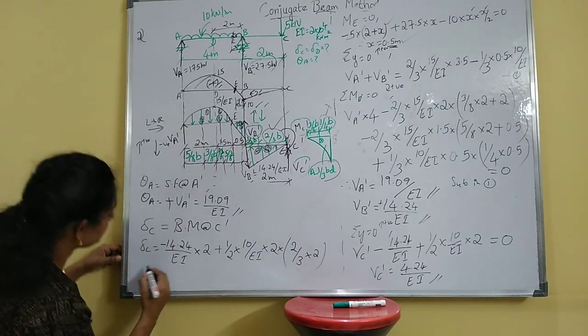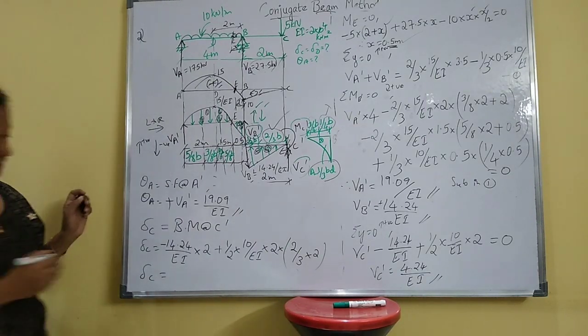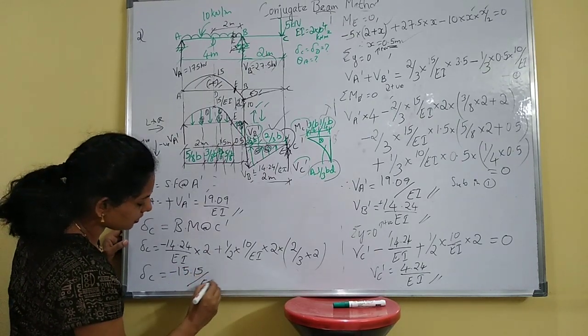That's all, only two reactions. So you can find out delta C. That you will get minus 15.15 by EI.